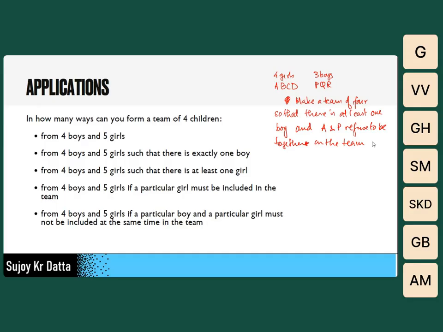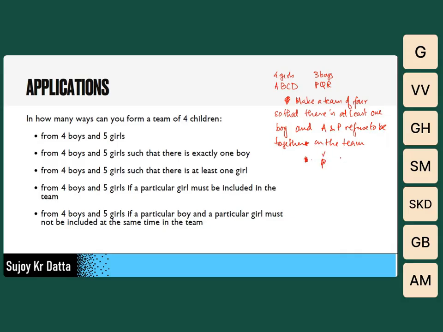All right, let's take a look at what we can do. We need to satisfy both the conditions. You must have at least one boy in it, and A and P refuse to be together on the team. So, let us say we select P, because A and P refuse to be together.